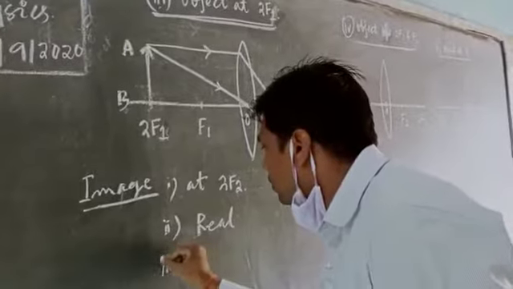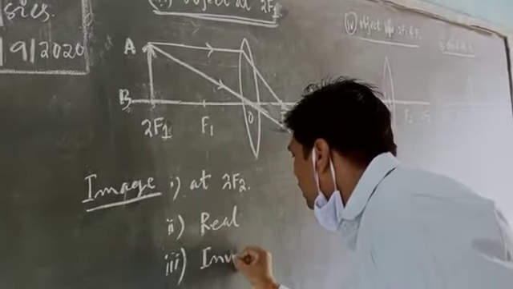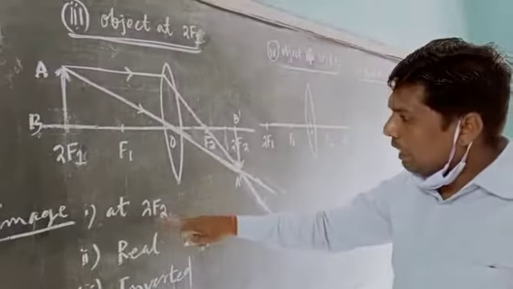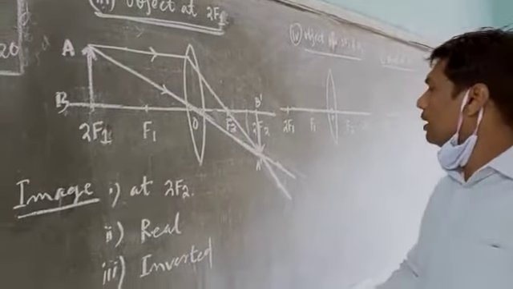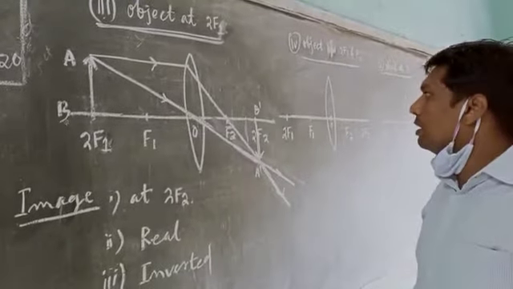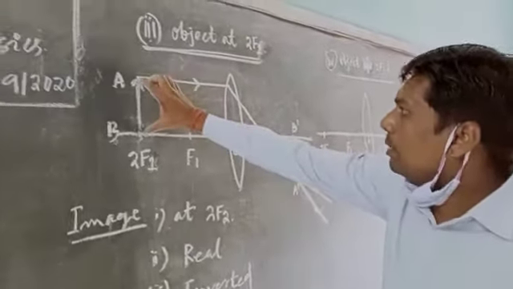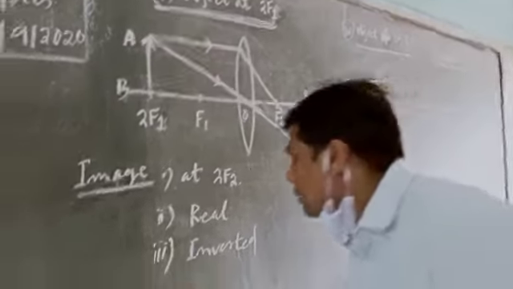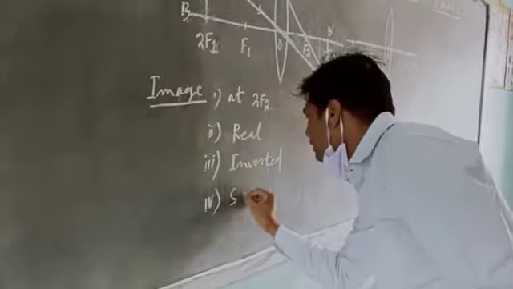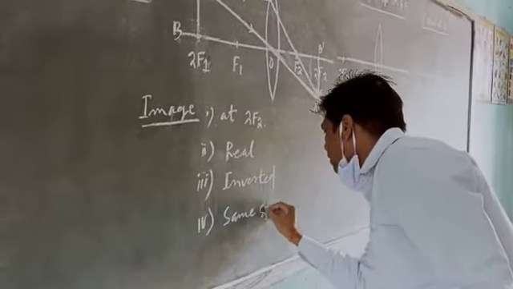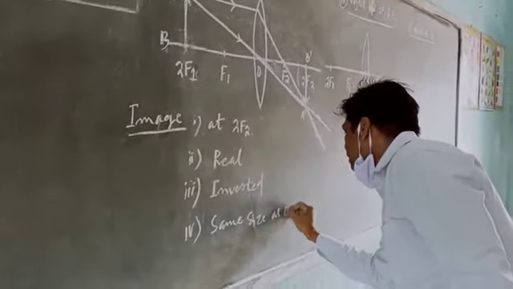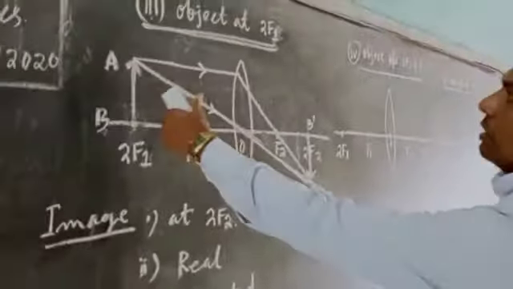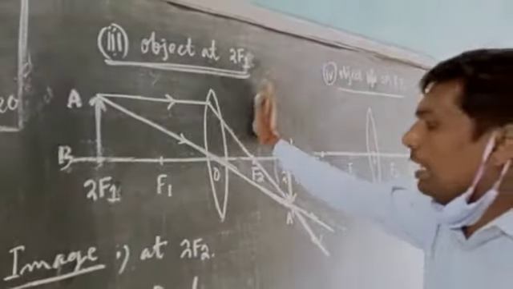So it is at 2f2, real and inverted. And the third one is the size of the image. We measure it, and it is the same as the object. That means the image is the same size as the object. So this is for the third case.